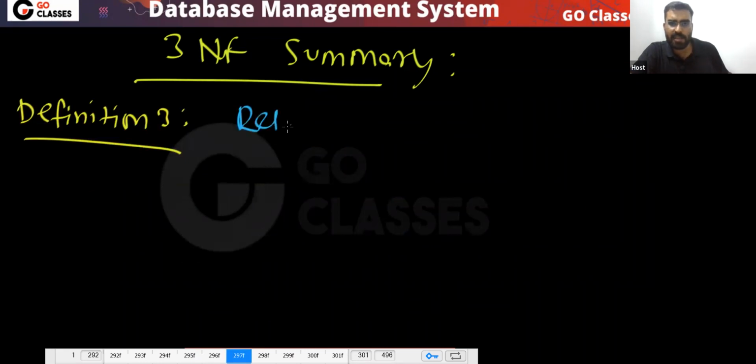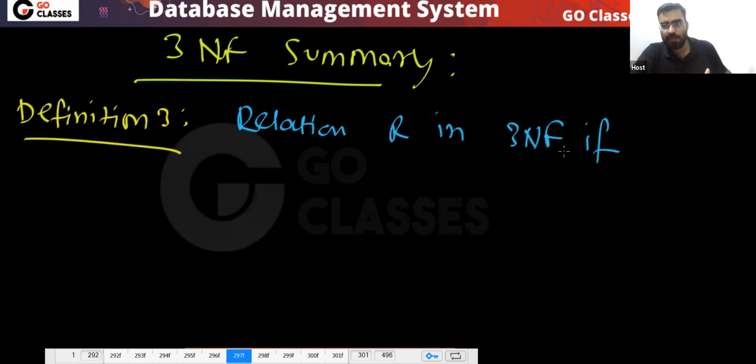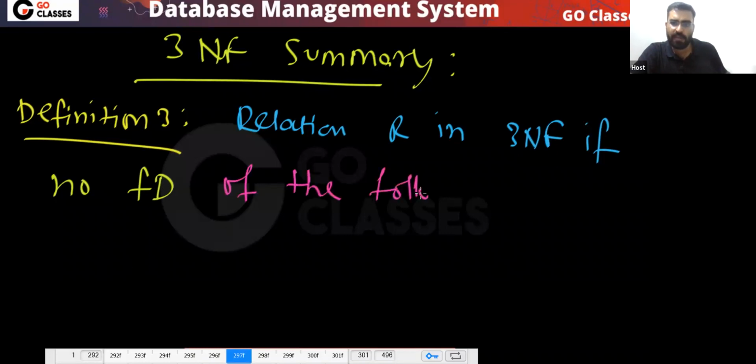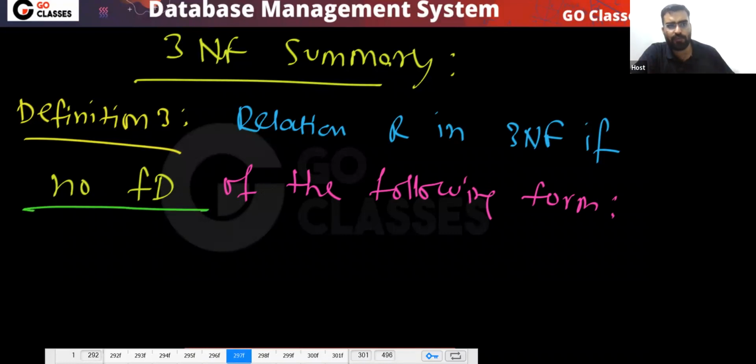Relation R is in 3NF if no functional dependency, no FD, of the following form. This type of FD should not be there. Which form?